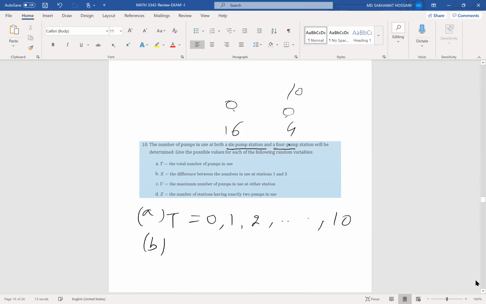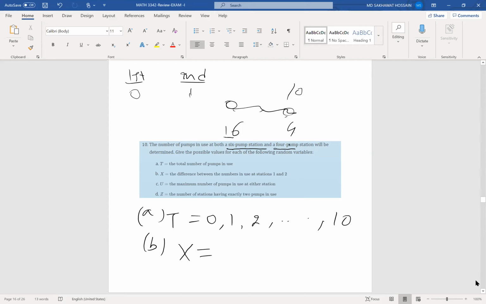So part B, X is the random variable for the difference between the numbers in use at stations 1 and 2. So you have to take the difference between the numbers in use at station 1 and station 2. This is the first station and this is the second station. If 0 pumps are in use here and 1 here, then the difference will be 1.